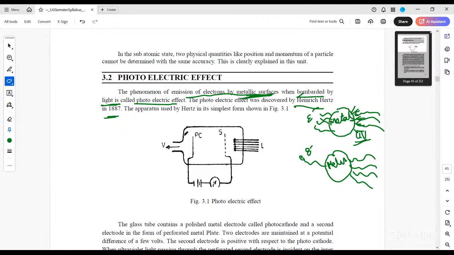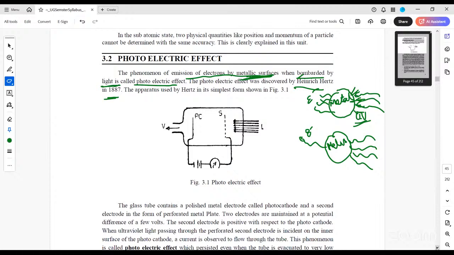See here, we have the photoelectric effect diagram. In this diagram, on this side, I am using UV rays. All these rays are UV rays. These UV rays are falling onto two electrodes. This one is the photocathode electrode.